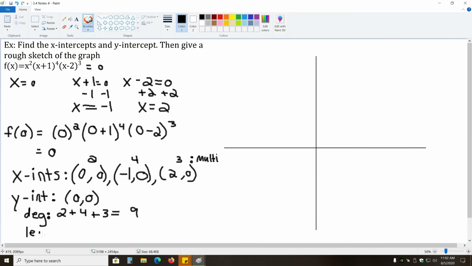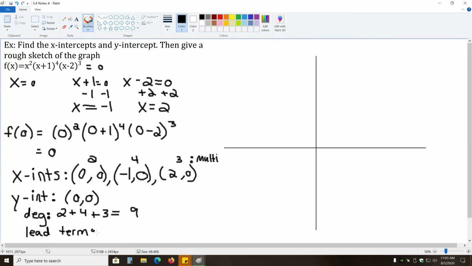And the lead coefficient, well, the lead coefficient is what we get when we take all of the leading x values and multiply them together. So really we should say the lead term. We'll draw the lead coefficient from the lead term is generally the easiest way to do this.